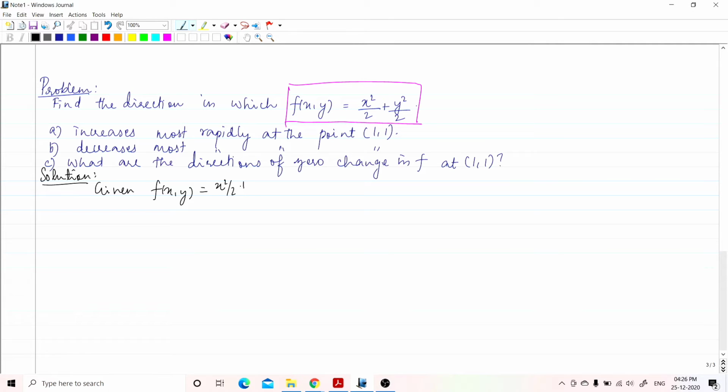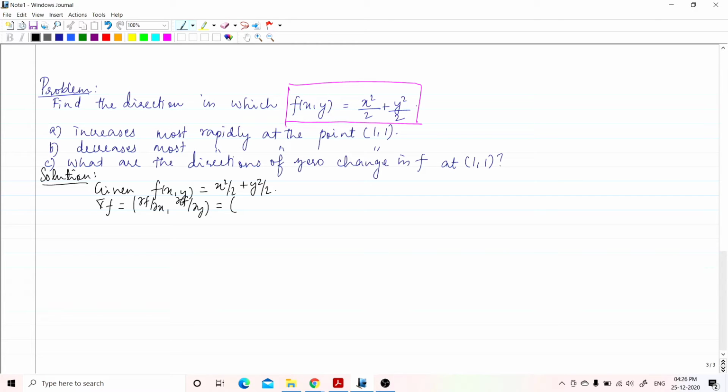First of all, you find your del f, that is del f upon del x, comma del f upon del y. So what is the partial derivative of the given function with respect to x? It is 2x upon 2.